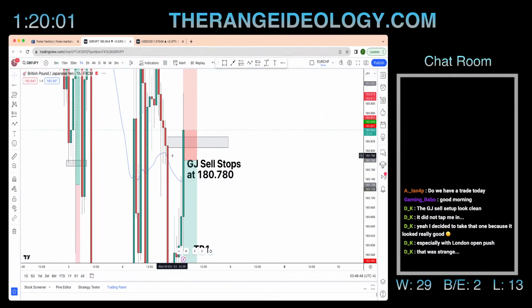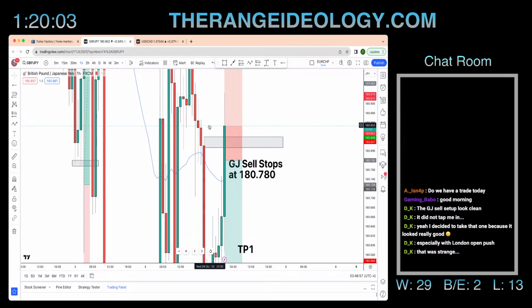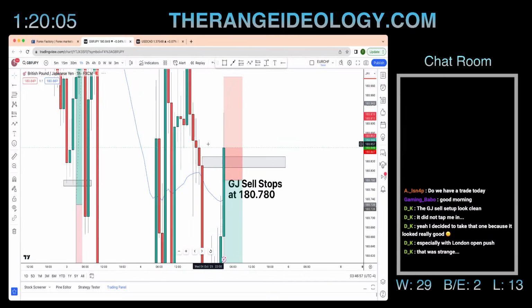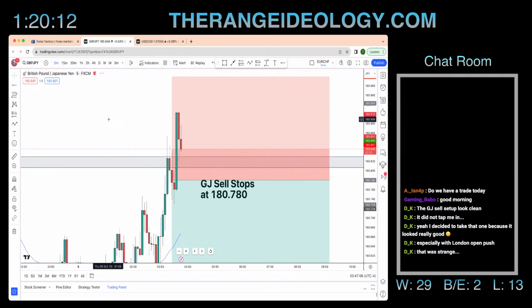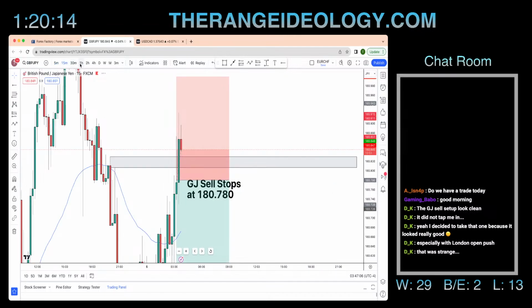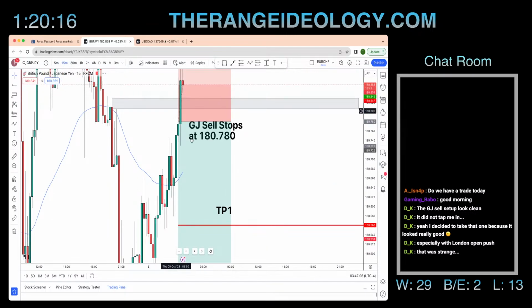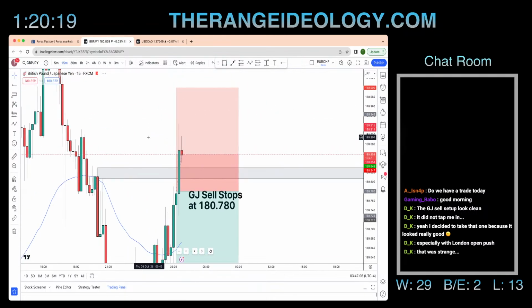But again, if the 1 hour does not close, we still have 14 minutes to go. So there's a lot of time for us to be stopped out if it continues bullish with that strange move above, or it pushes straight down and gives us confidence to hold the setup into the new hour candle, right?